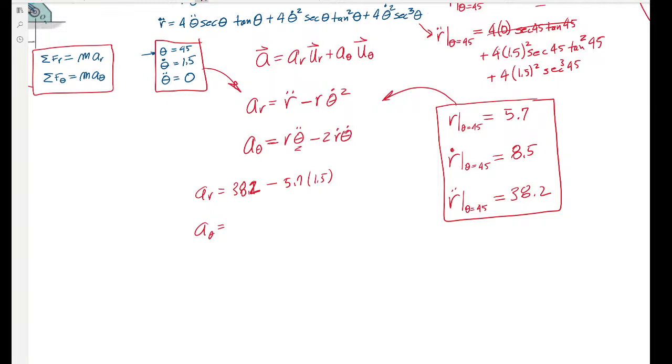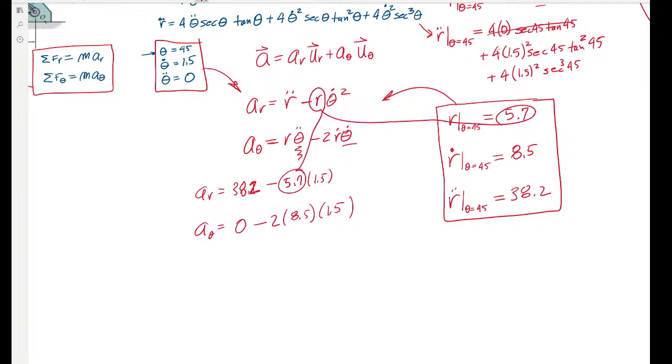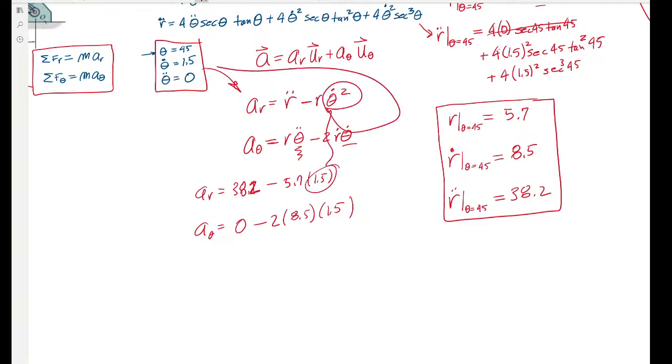Well, that first term is just going to be 0 minus 2 times r dot, which is 8.5, and then theta dot, which is 1.5. Let's make sure I did all that right. 38 came from here, there. Okay, and the 5.7 came from there. The 1.5, oops, that's got to be squared. Is there any other? I forgot the squared there. Okay, so I have these extra digits in the calculator.